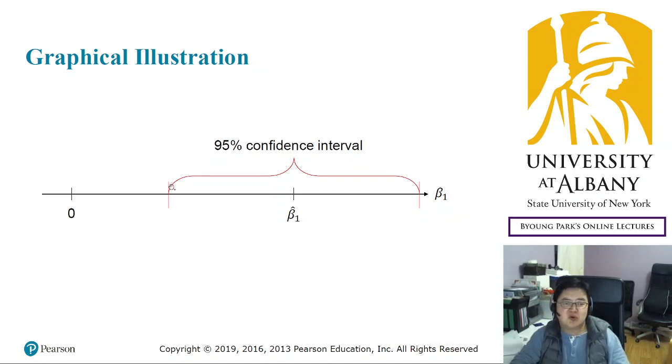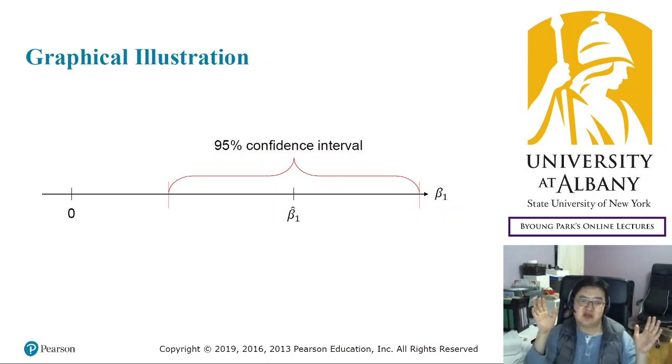Plus or minus the margin of error makes an interval which we are going to call the 95% confidence interval. We call this 95% because this interval is correct with 95% probability. So if you try 100 times, this interval will be wrong only 5 times. So this is the standard 5%.